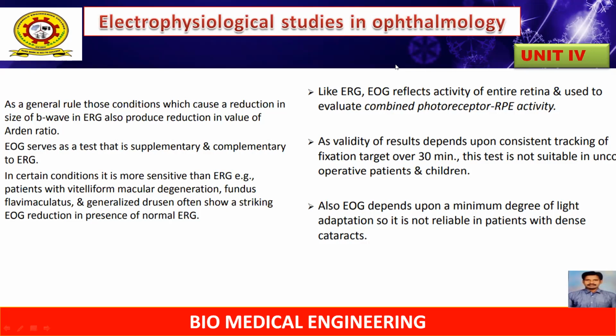Like ERG and EOG, we reflect the activity of the entire retina, so that we are able to estimate and calculate the photoreceptor activity. So it is easy to calculate the photoreceptor.